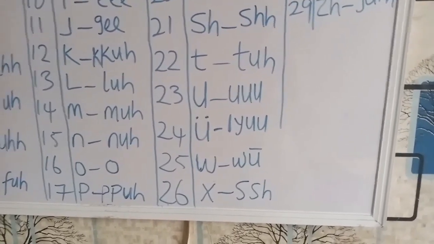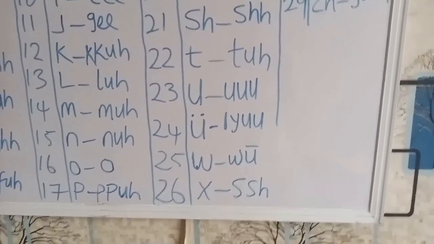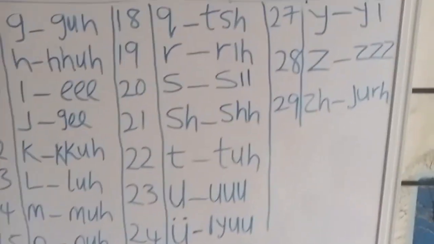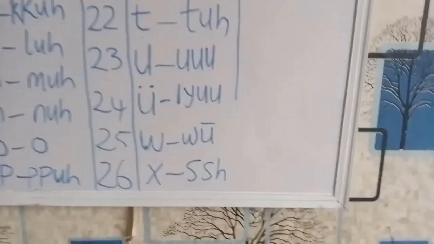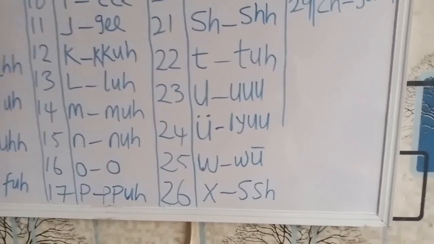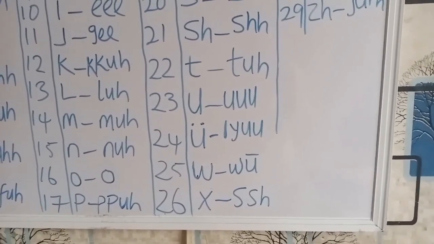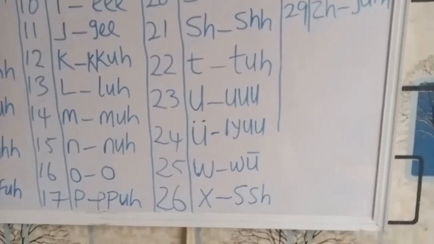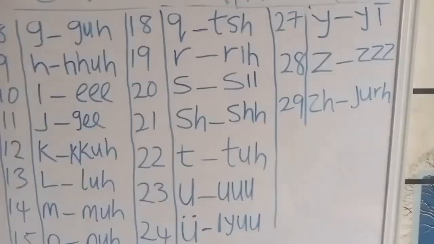You pronounce it like you're saying sh, but the sh will not sound like this sh. That is the reason why I put ssh. C, not S, but C, and not Sh.